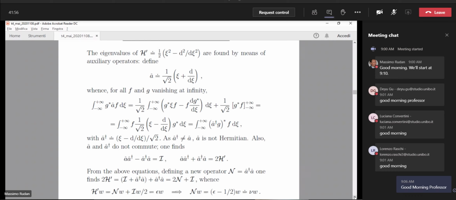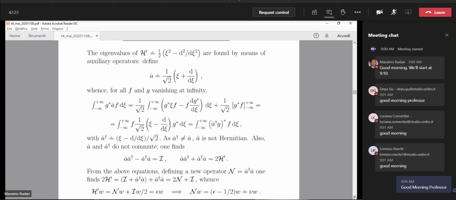And then we can calculate the commutator of a and a dagger, and we see immediately that the two operators do not commute, because if you calculate a times a dagger minus a dagger followed by a, you don't find 0. If you found 0, they would commute, okay?